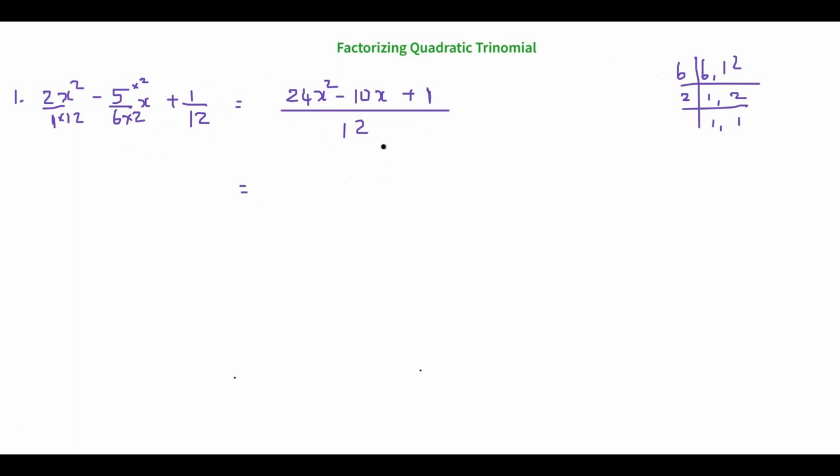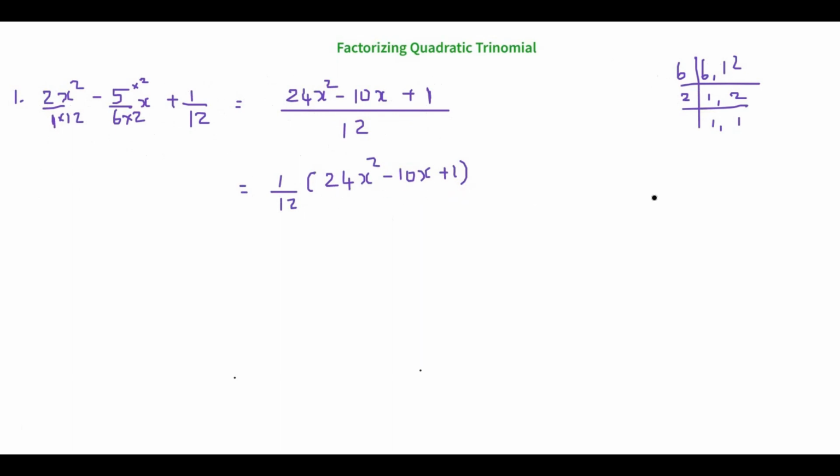Now the second step is I will take the denominator as common, because the denominator is common for all the 3 terms. I'll take 1 by 12 outside the brackets, and inside the bracket we'll have 24x square minus 10x plus 1. Now if you can see the equation, this is simple to solve. We have already learned this in our part 1 video. So this is very easy to split.